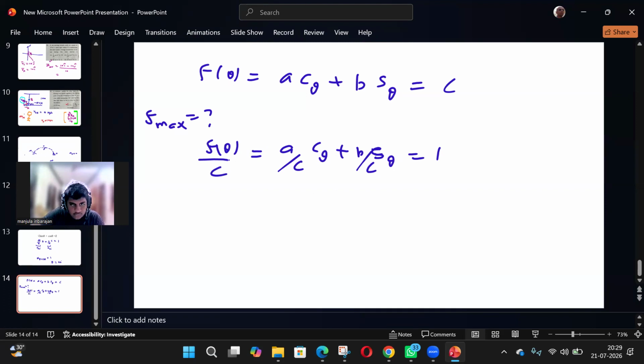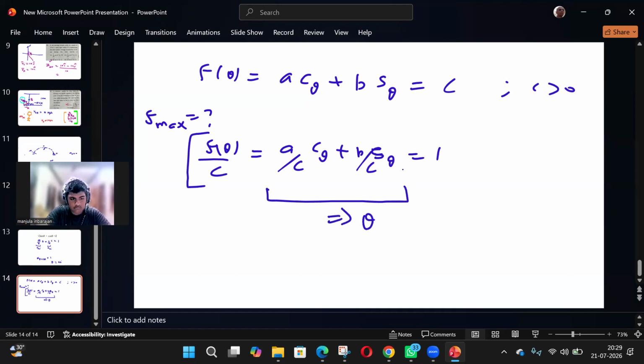When f of theta is maximum, suppose c is positive, this is also maximum, because it's just f of theta by c. Then the maximum value is 1. That gives the exact value of theta for which this thing is 1.